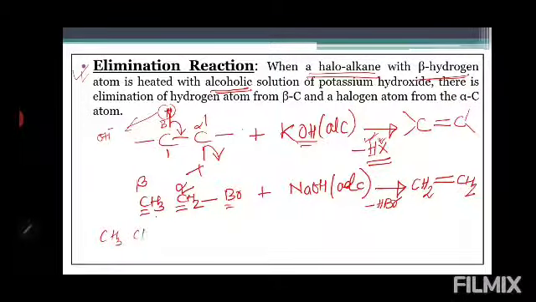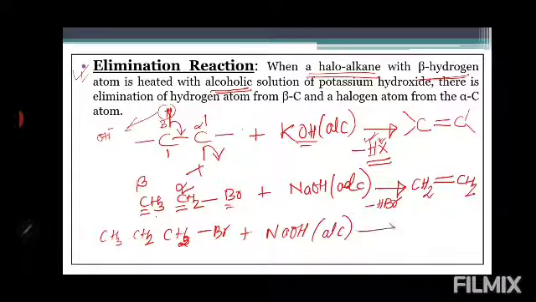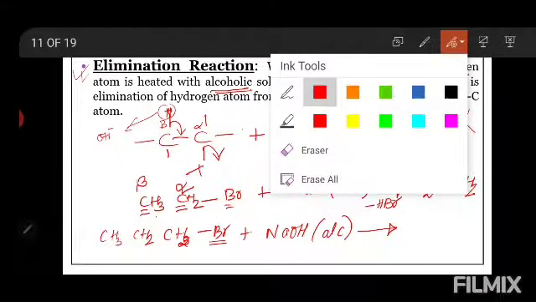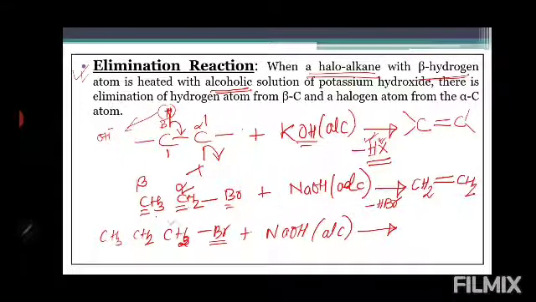Now again, CH3, then CH2, then CH2, then Br plus NaOH alcoholic. Here the carbon with Br is alpha and the next carbon is beta. Hydrogen is removed from beta and halogen from alpha. The CH3 carbon has no change.